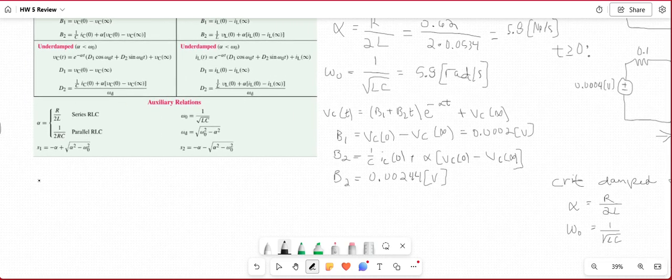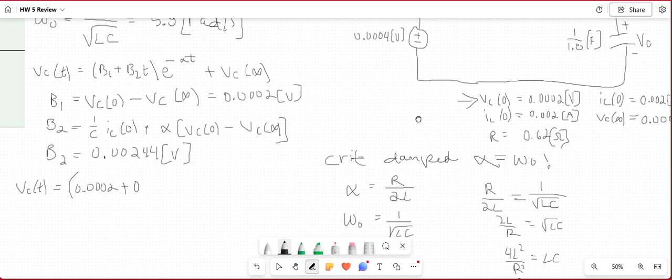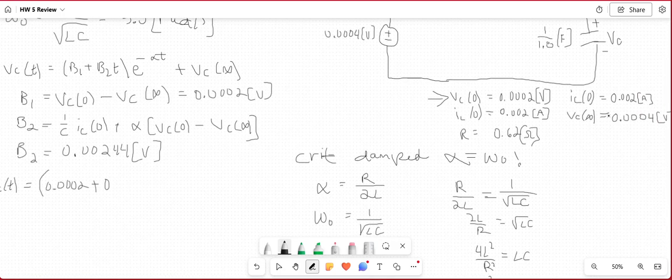So now we can plug this all in to VC of t. So we got VC of t equals B1 0.0002 plus B2, right? Look at my notes. Oh, it's VC of 0 minus VC infinity, my bad, is 0.0002 minus 0.0004. So this is negative B1.